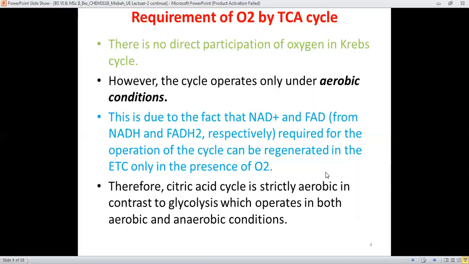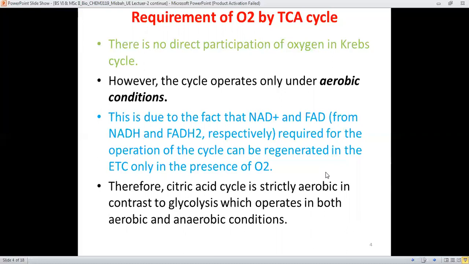And this condition is very strictly aerobic, in contrast to glycolysis, which operates in both oxygen conditions, aerobic and anaerobic.